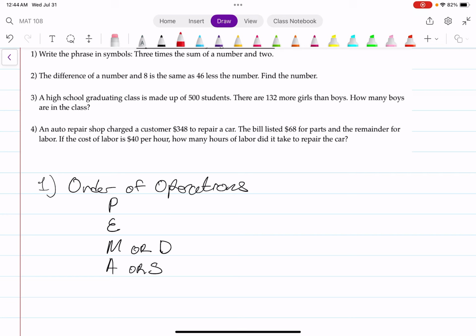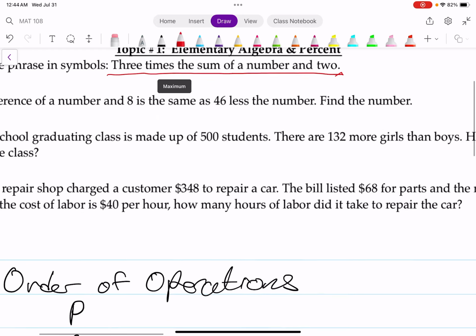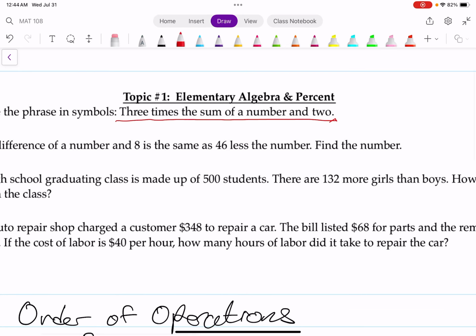So we have the phrase 3 times the sum of a number and 2. I see 2 types of operations. We see times. Times means multiply. We see the word sum. Sum means to add.